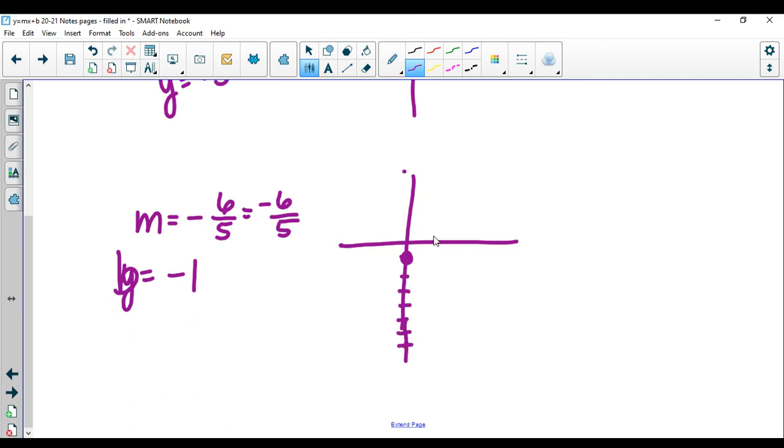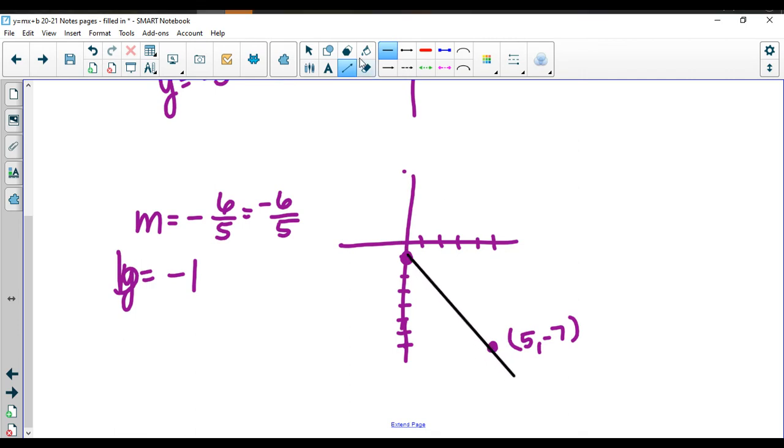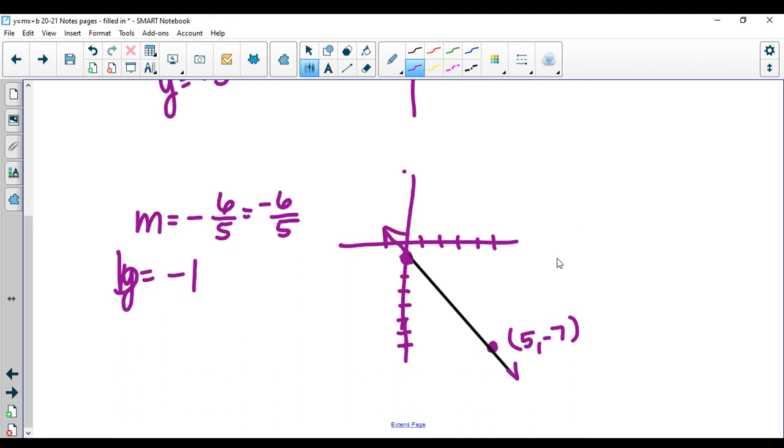So all the way down to here, and then 5 to the right. 1, 2, 3, 4, 5. So you would be down here at the point 5, -7 on your graph. And then you would just connect those two together with a line, and extend your line a little bit and put those arrows on. The equation for this graph is y equals -6/5 x minus 1.